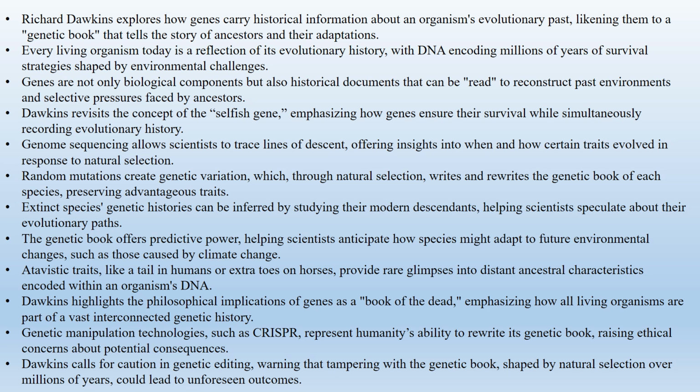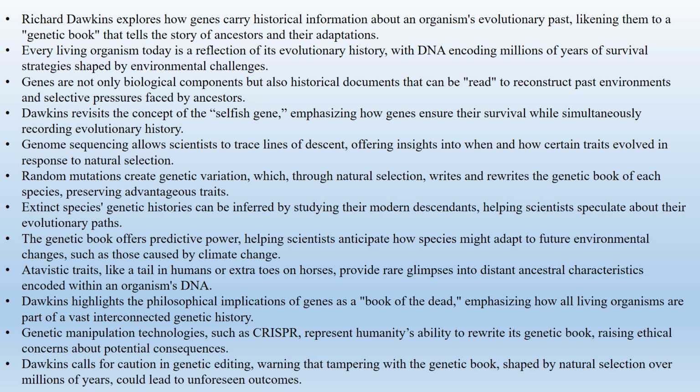One of the book's key arguments is that genes serve not just as physical components that produce biological traits, but also as historical documents. They can be read in such a way as to reconstruct the environments, struggles, and challenges that organisms' ancestors faced.